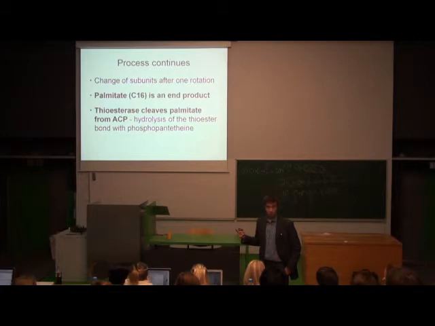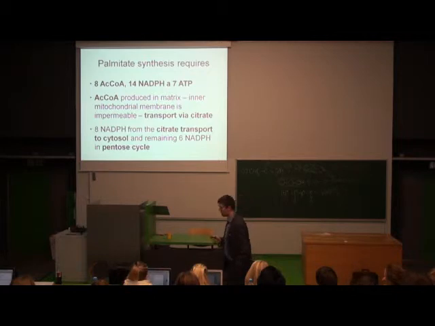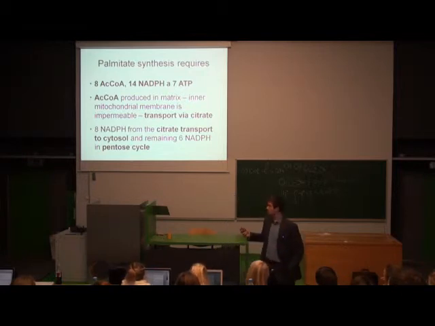Do you have questions or not? Is it clear? For you, sometimes look that it's not clear. Good. So when it's clear, then before the break, I will tell you that to produce 1 palmitate, we need 3 compounds.